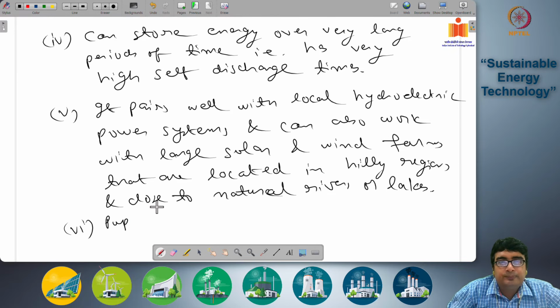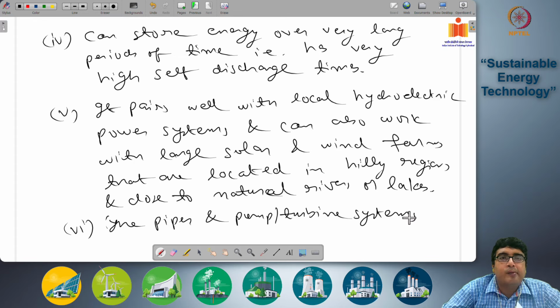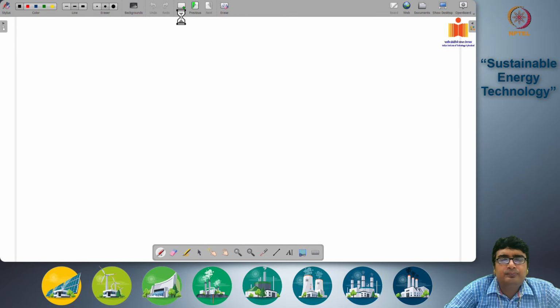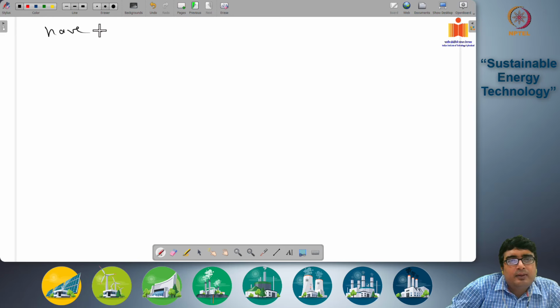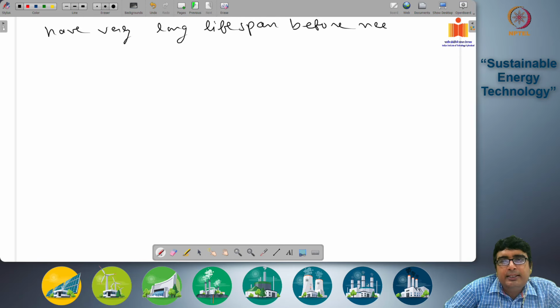Pumped hydro. The last point is the pipes and pump turbine systems have very long lifespan before needing replacement.